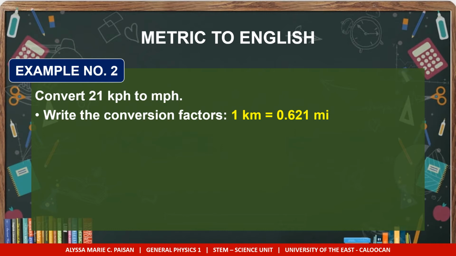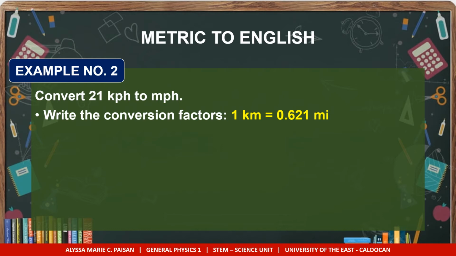Why do we only have one conversion factor when our units already involve time? As you can see, both of the units of time in the metric and the English is hours, so no need to convert that. Since we have a direct conversion from kilometer to miles, we only need one conversion factor for the length or the distance.